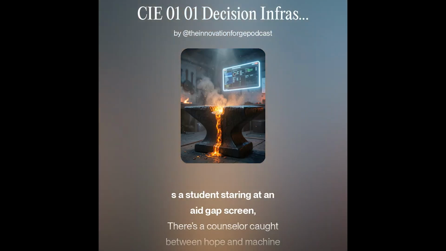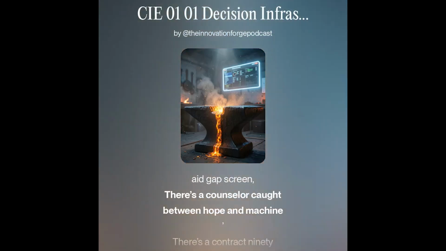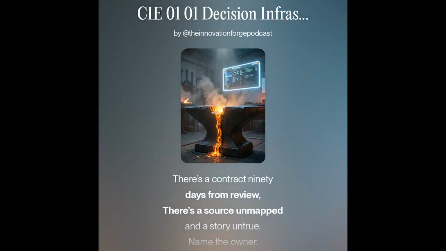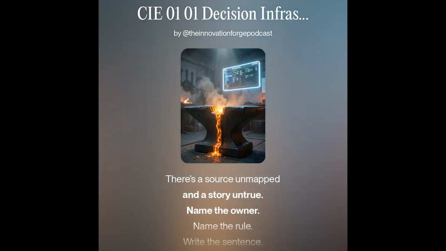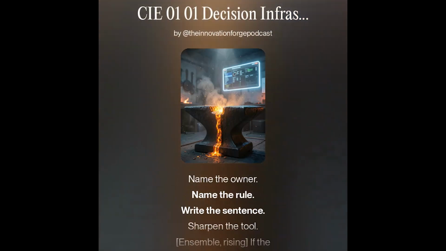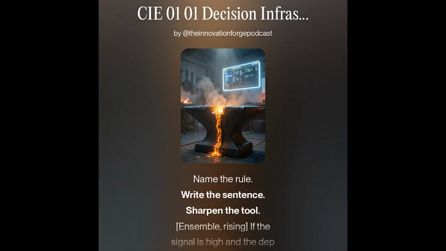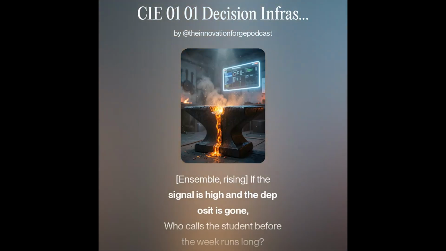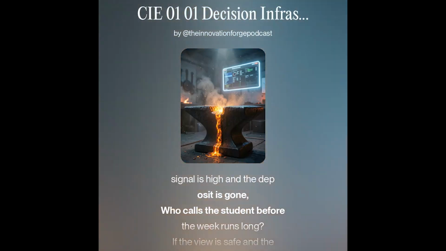There's a student staring at an 8-gap screen. There's a counselor caught between hope and machine. There's a contract 90 days from review. There's a source unmapped and a story untrue. Name the owner, name the rule, write the sentence, sharpen the tool.